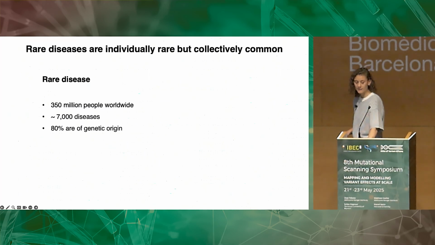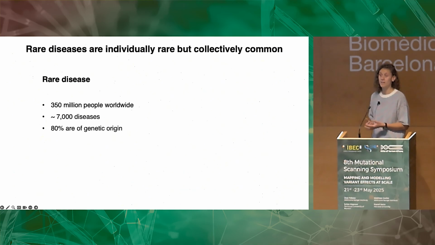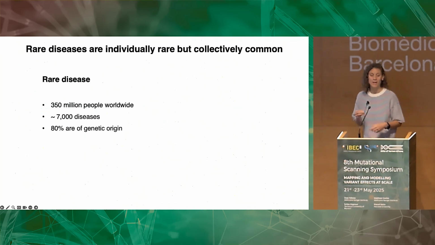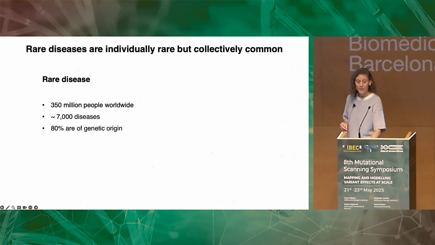So rare diseases are rare, but collectively they are common, and they affect more than 350 million people worldwide, spreading across 7,000 diseases, and 80% of those have a genetic origin.